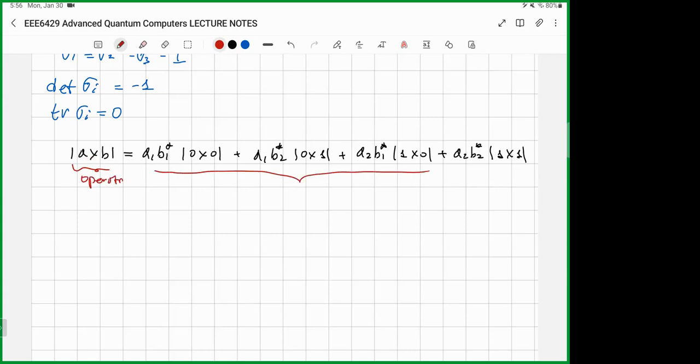This is the representation of this operator in the 0, 1 basis.